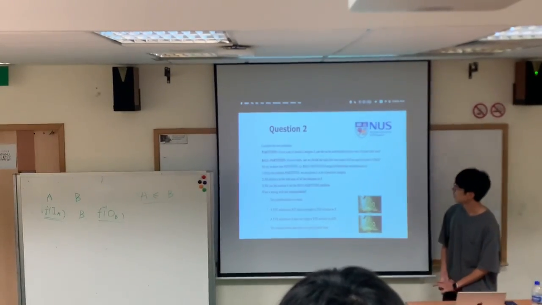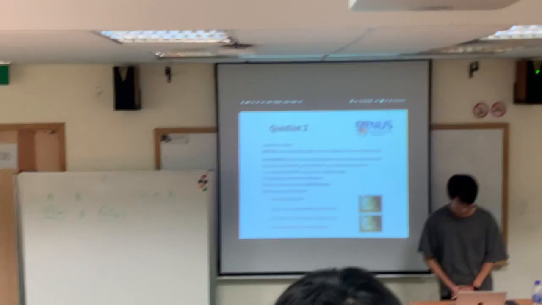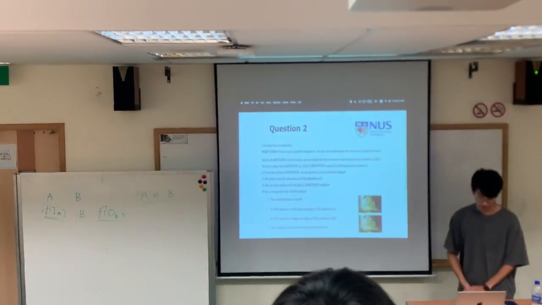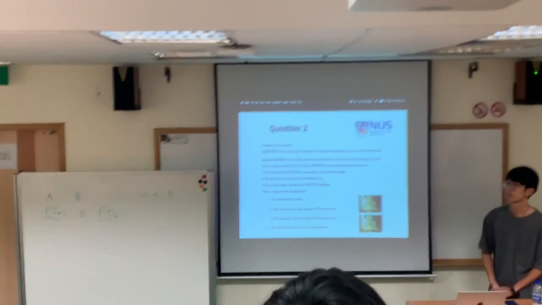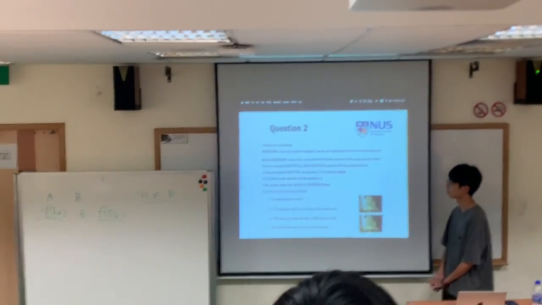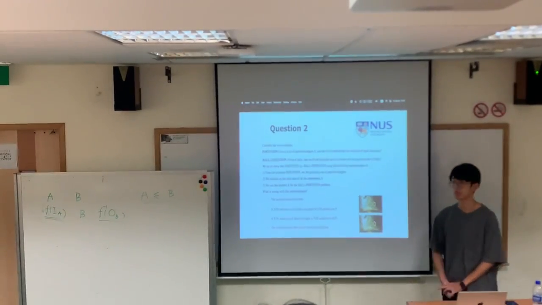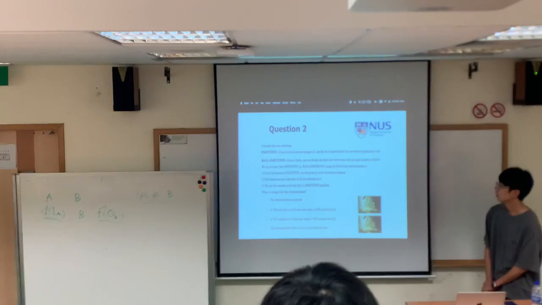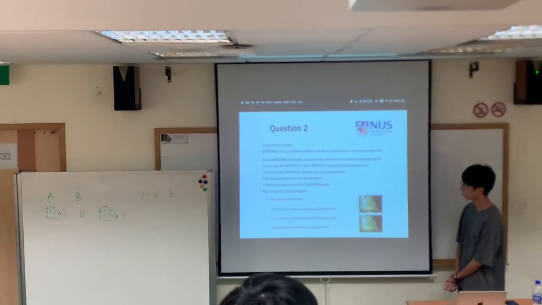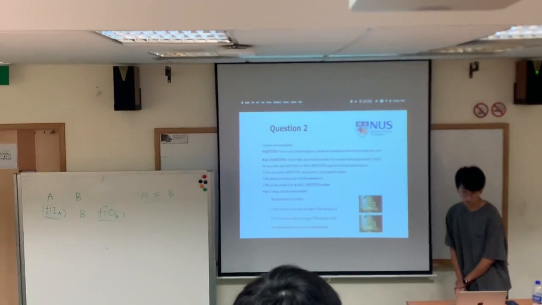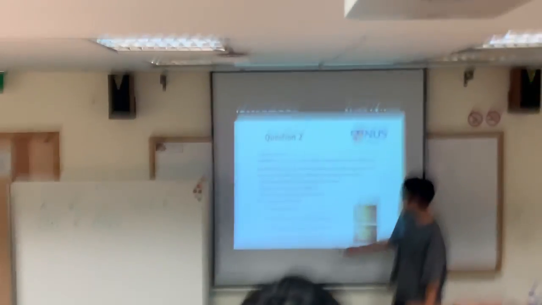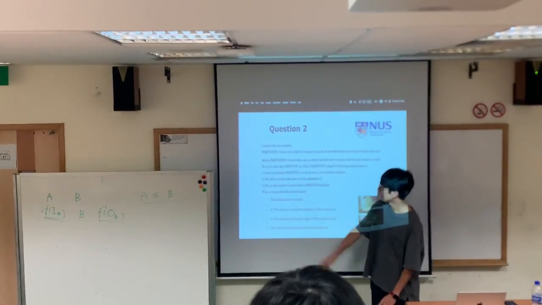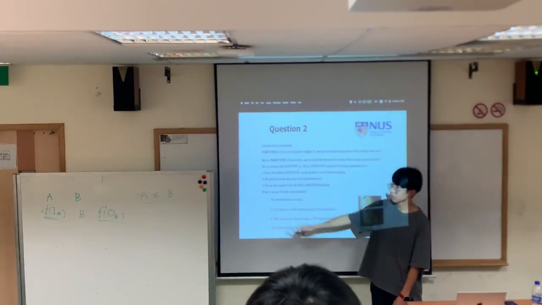But the thing is, where does the argument fail? For such a reduction to work, it has to ensure that a yes of this ball partition problem will be mapped to a yes in the partition problem, and also a no in ball partition will be mapped to a no in partition.